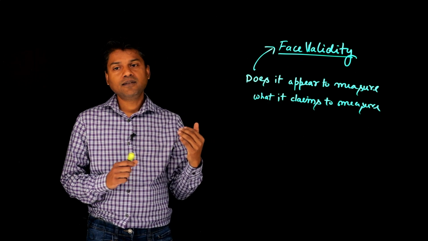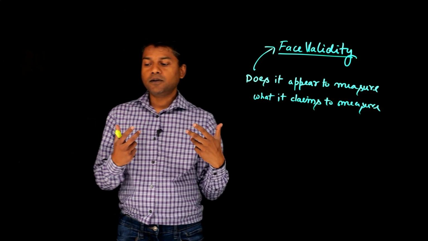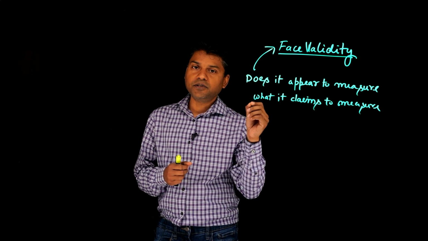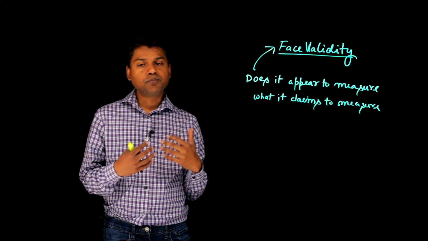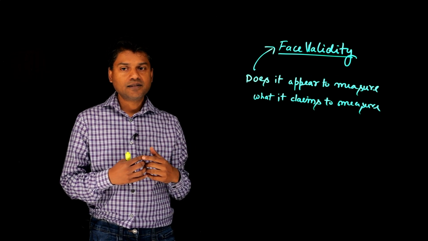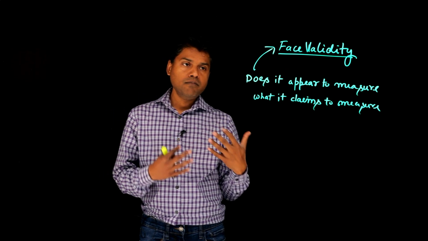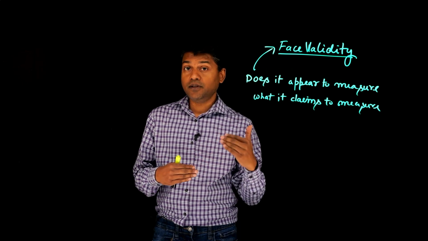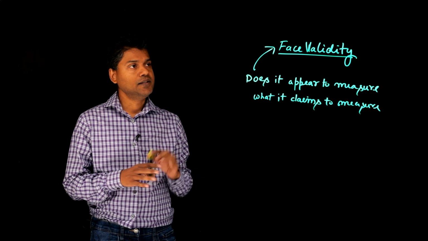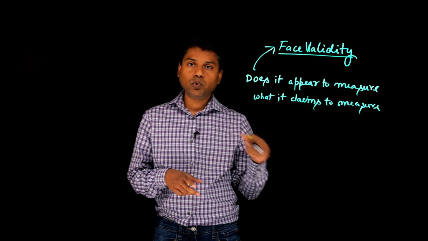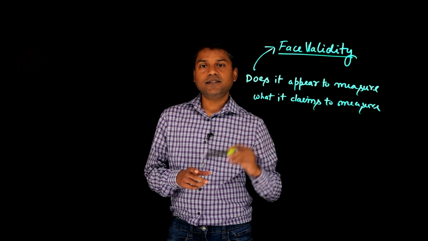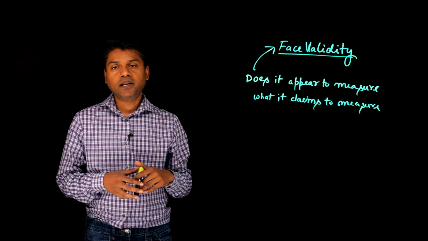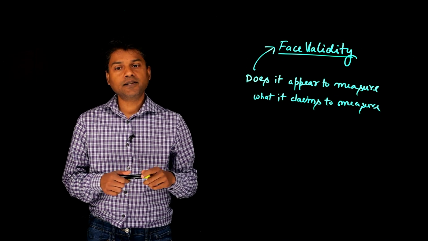So if I'm using a scale that claims to measure self-esteem, when I'm reading the items, as a person who is taking the test, does it appear to measure self-esteem? If it does appear, then we can say this scale, this test, this questionnaire has face validity. If it does not, then we can say it does not have face validity.